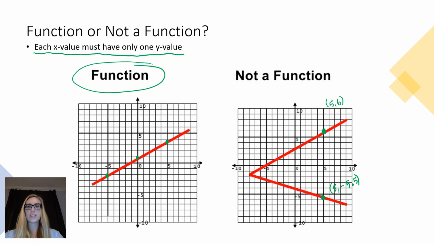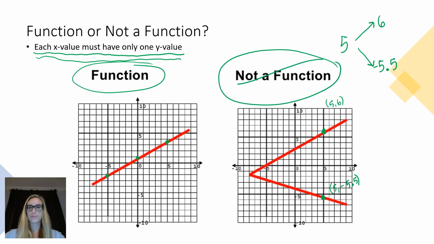So here you can see that I have an x value of 5 at the top of this graph and also an x value of 5 at the bottom. But each x value must only have one y value. In this case, this 5 has two different y values. It has a y value of 6 and a y value of negative 5.5. That makes it not a function.